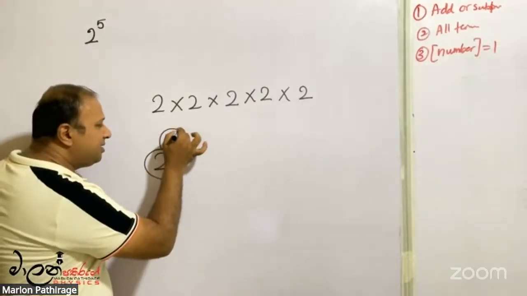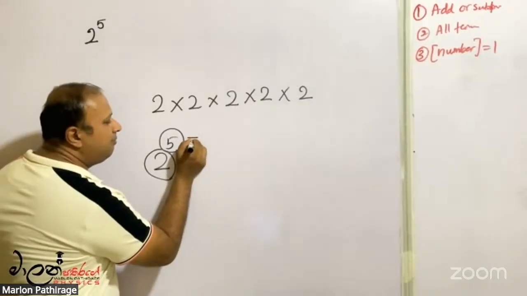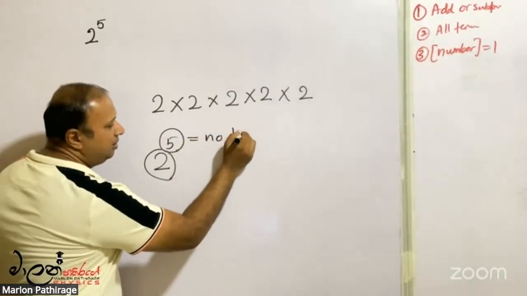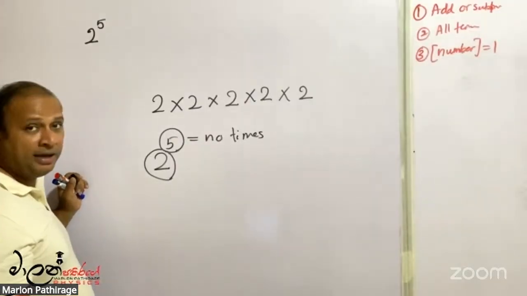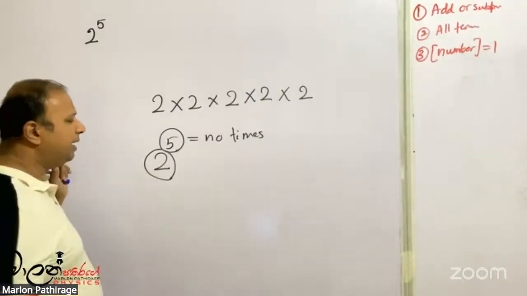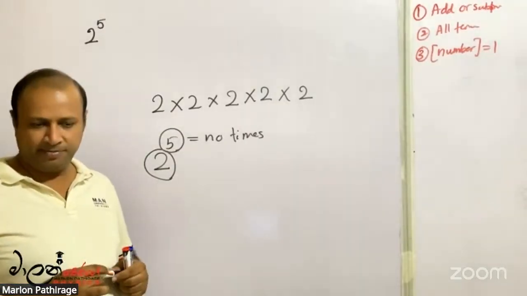Therefore, this is the index. The index is equal to the number of times the 2 is multiplied by its own value.